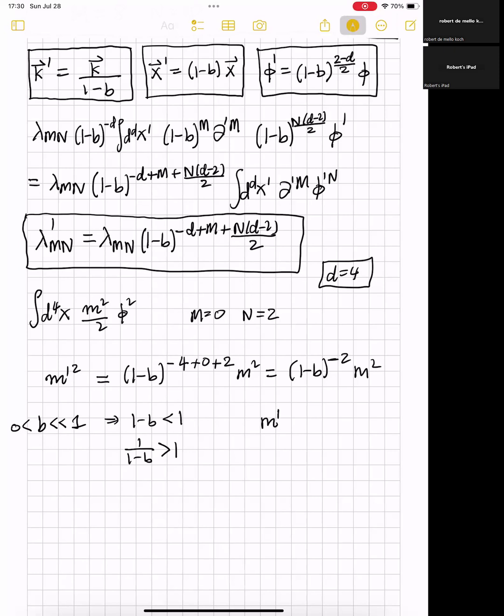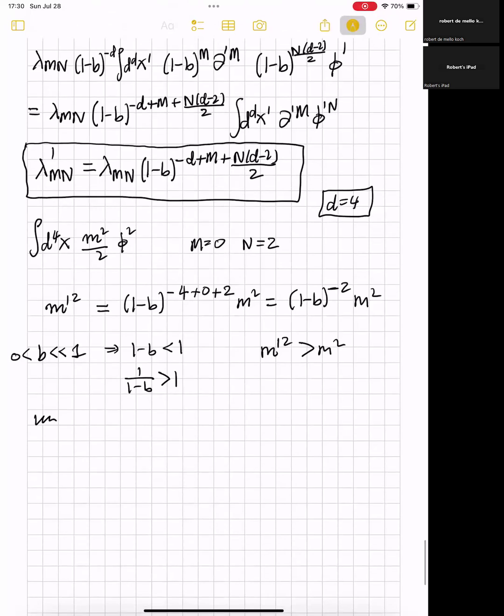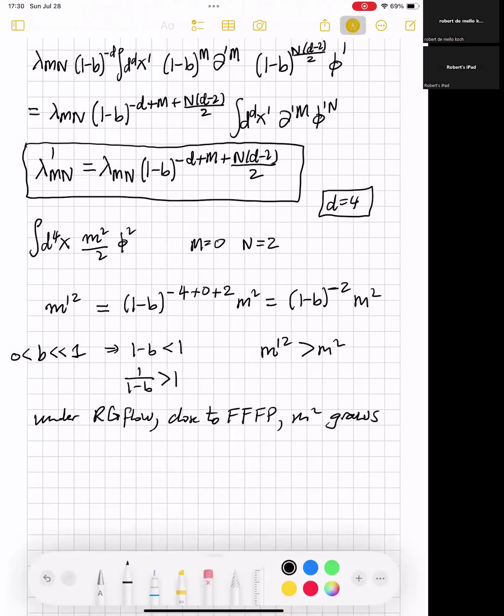So we learned that m prime squared is greater than m squared. So what we've learned is, under the renormalization group flow, close to the free field fixed point, m squared grows. The coupling grows.